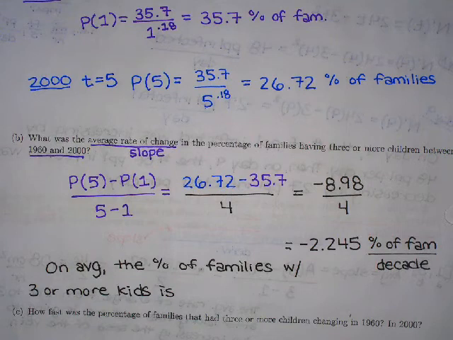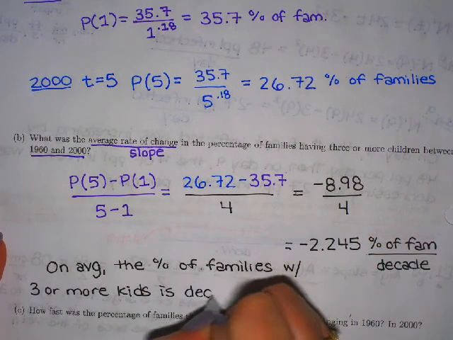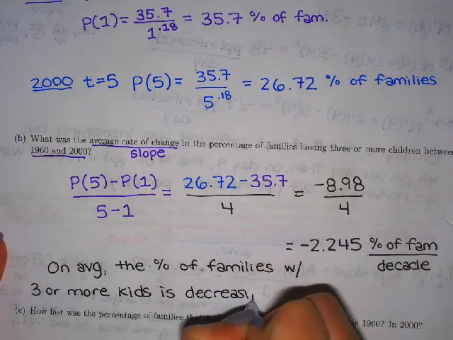On average, the percent of families with 3 or more kids is increasing or decreasing based on this negative slope. It's decreasing.